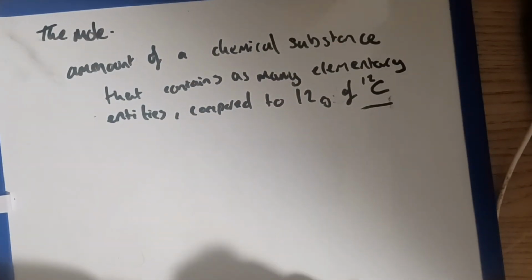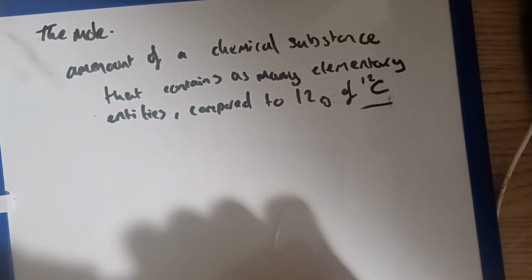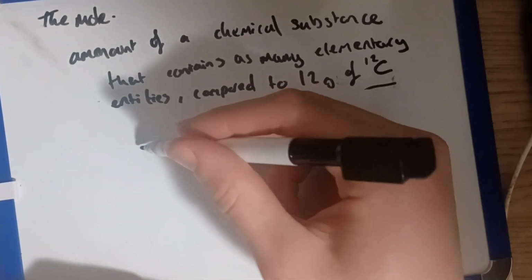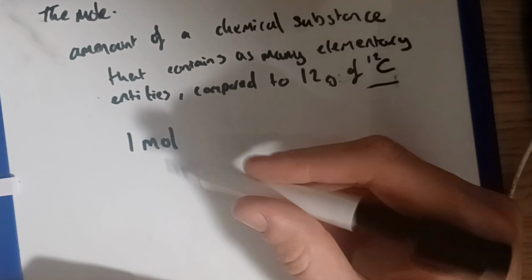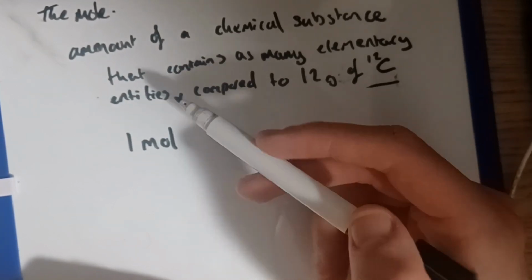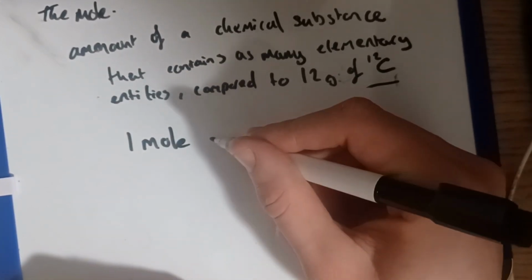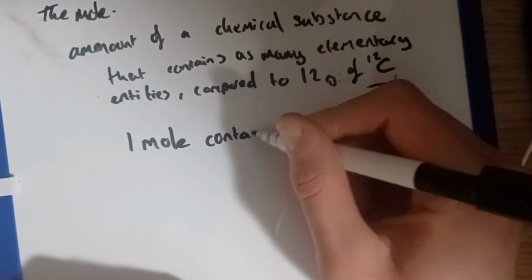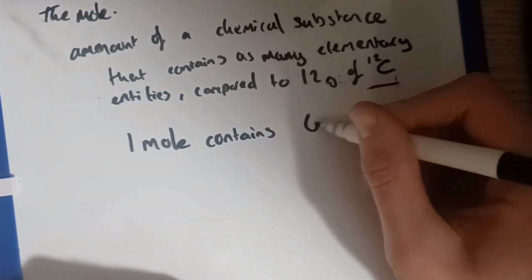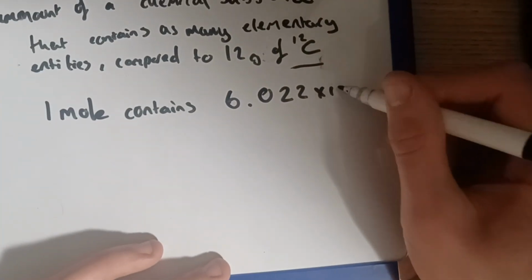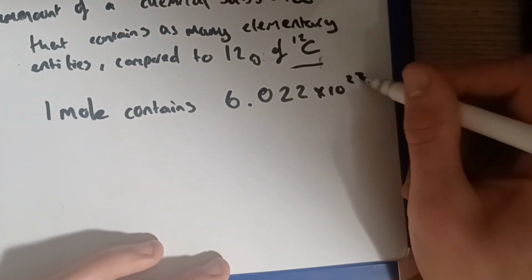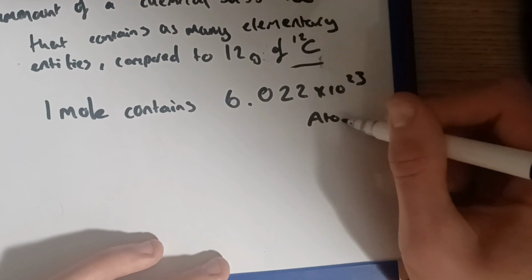So this definition is great. It's wonderful. It gives us everything we need to know. But how do we use it? Well, we need to know that 1 mole of the substance contains 6.022 times 10 to the 23 atoms.